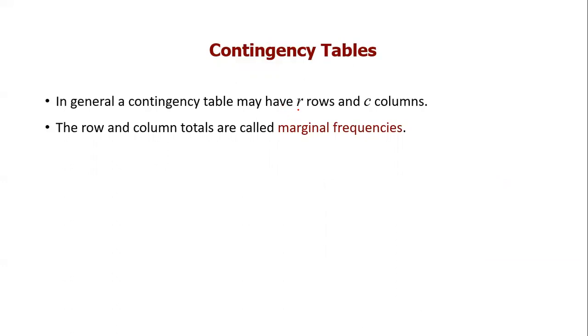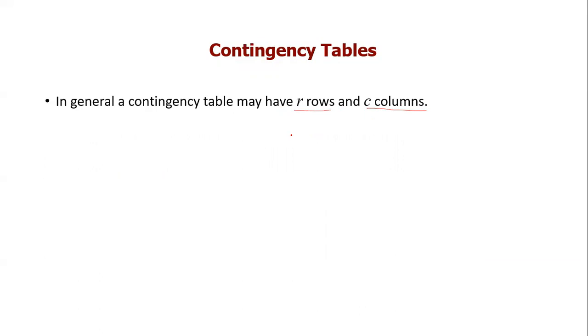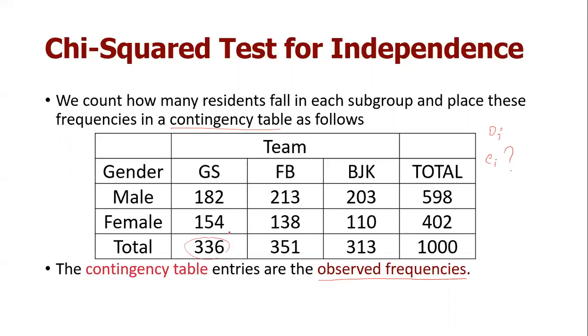In general, in a contingency table, we have R rows and C columns. The row and the column totals are called the marginal frequencies. These are the marginal frequencies of the teams, and these are the marginal frequencies of male and female.